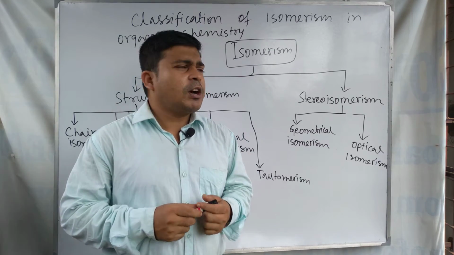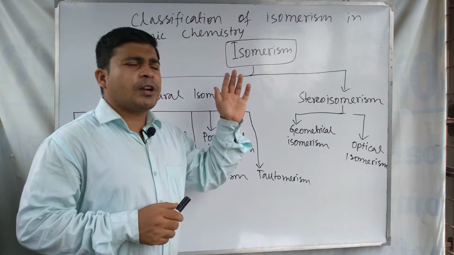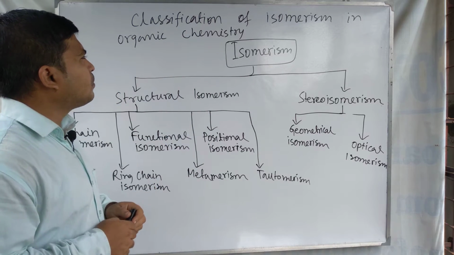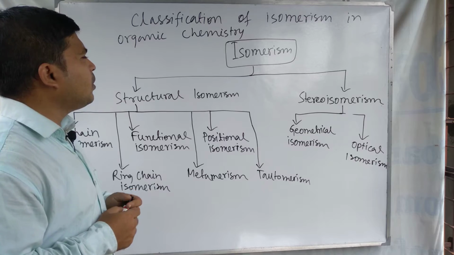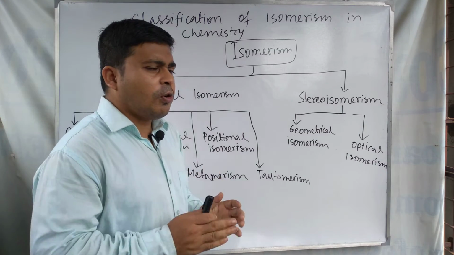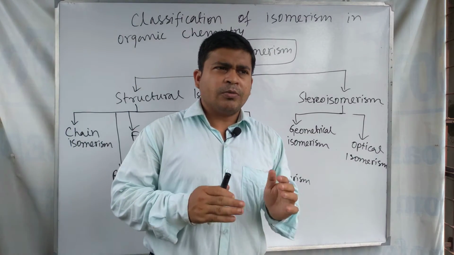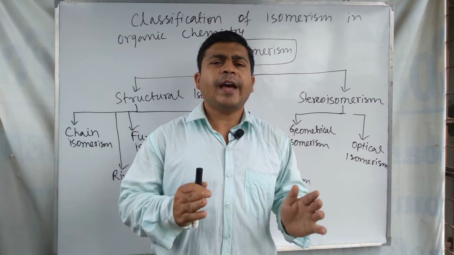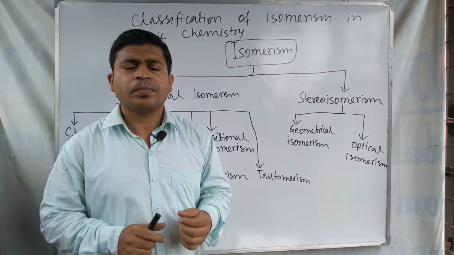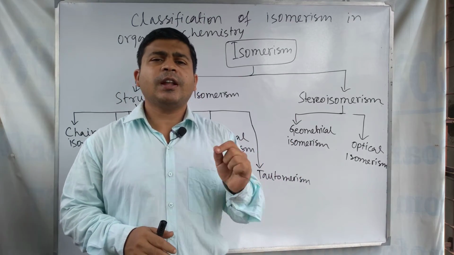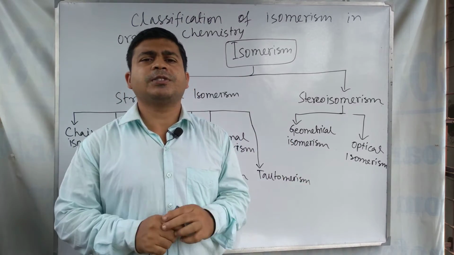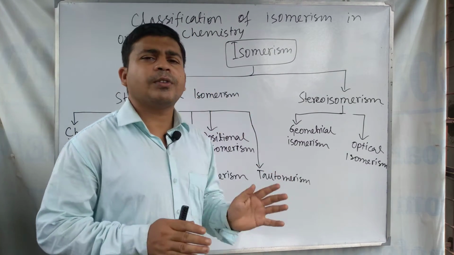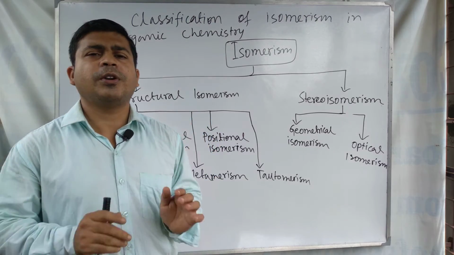Okay, so let's start the discussion of classification of isomerism in organic chemistry. In organic chemistry, some compounds have a similar molecular formula but different physical and chemical properties and different structures, and these compounds are called isomers, and the phenomenon is called isomerism.